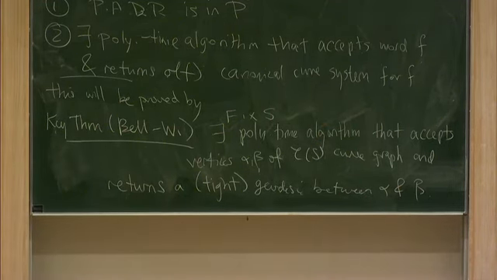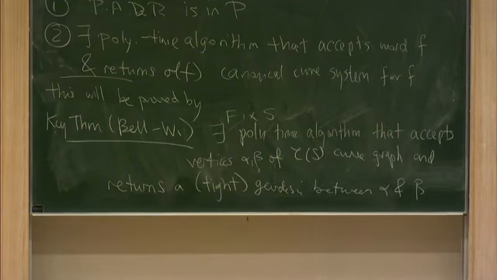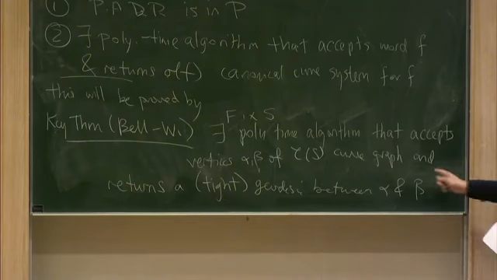So in particular, you get a geodesic and you get the distance between alpha and beta in the curve graph. But again, polynomial-time in what? I will say later.